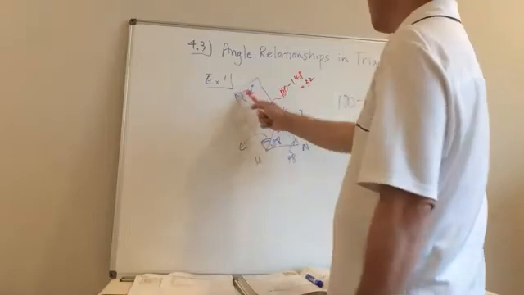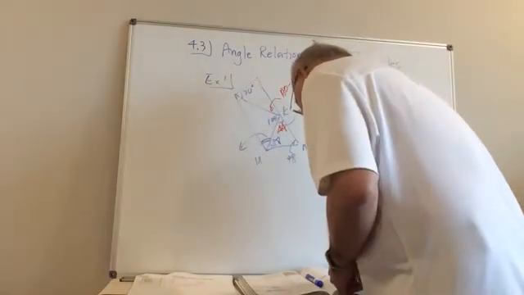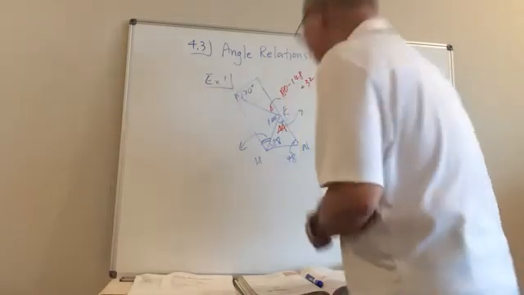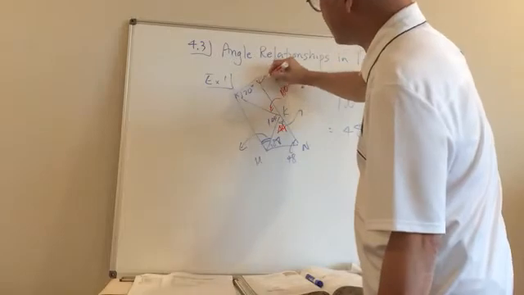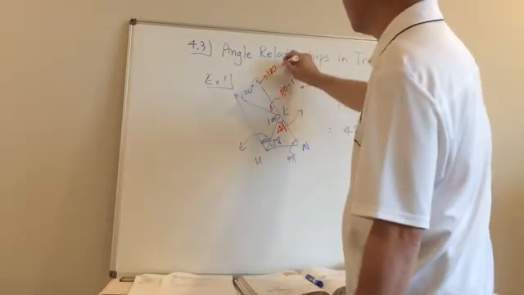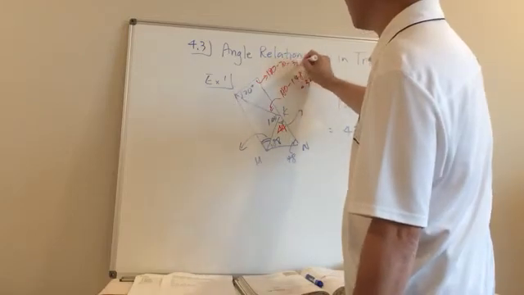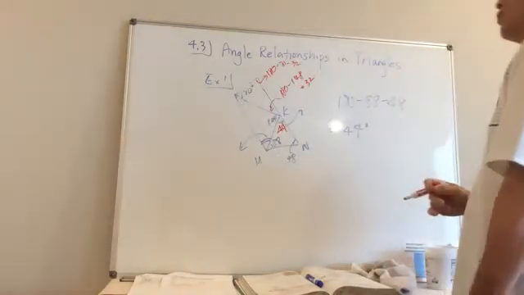32 plus 70 plus this guy here is going to be what? So we can find JLK, which is this guy over here. Okay, this guy here is going to be what? 180, since we found this is 32, minus 70 minus 32, right? So this guy here would be what? 78.